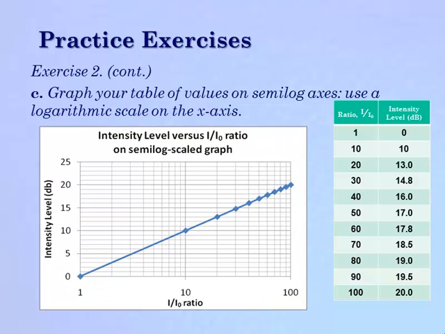And then our second decade is starting at 10, so 10 to the 1, and needs to end at 10 to the 2, or 100, in order to get our value of 100 in there. So most of our data is going to be plotted in our second decade, as you can see. So what scale for the y-axis? Well, we'll just use the same as before, between 0 and 20 in steps of 5.